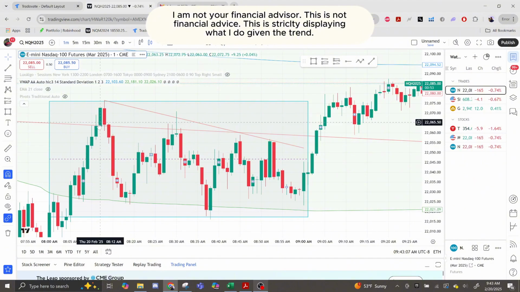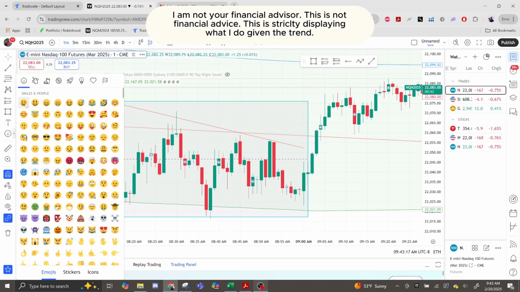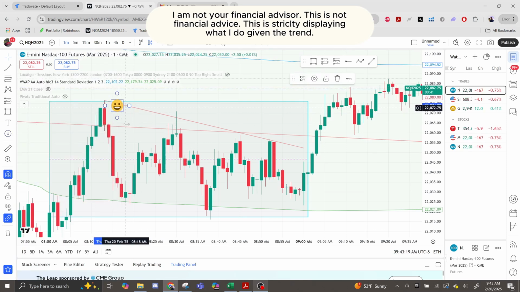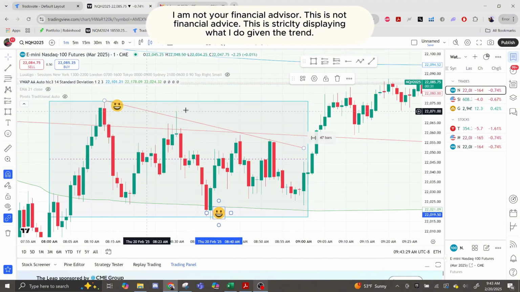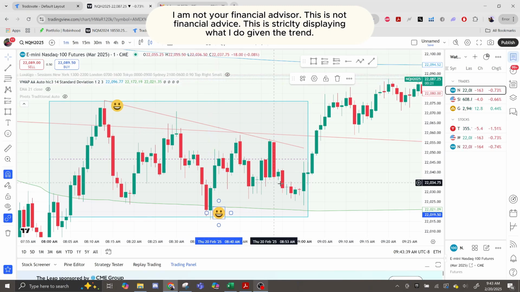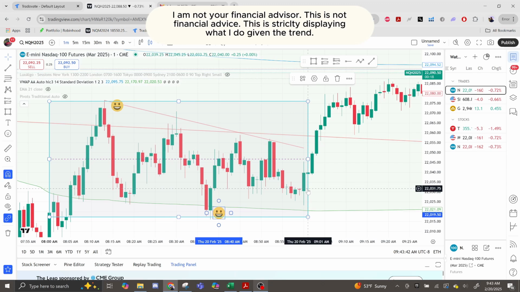There need to be 1 minute candles that are strong pushing up and strong pushing down, just like this one, just like this guy, and just like this guy down here as well. Boom, boom. Very strong. That's where I created my rectangle. So from 8:38 to about 9, I know exactly what is going on. I can read the market like a textbook.